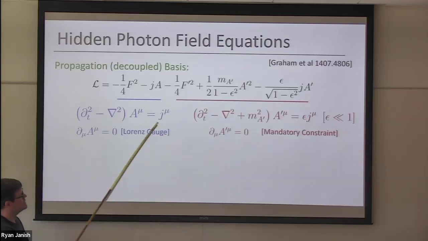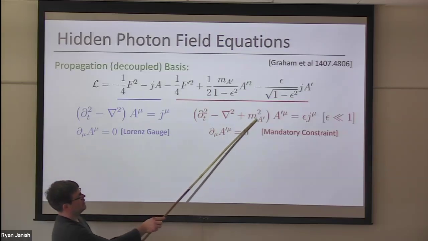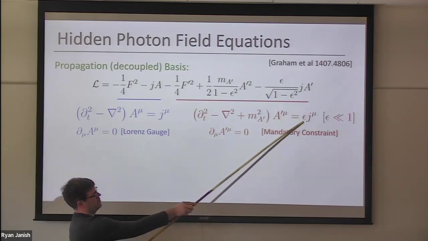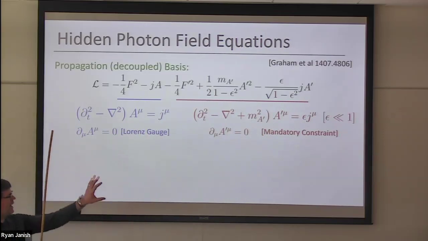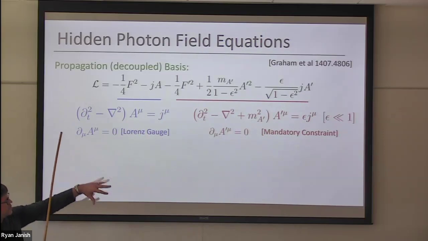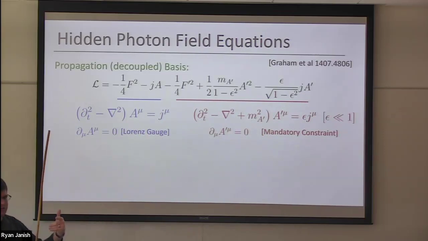They look exactly the same, except with the mass, and our coupling to charges is suppressed by epsilon. This is half of E&M: it tells us how the fields respond to charges. We need the other part as well.